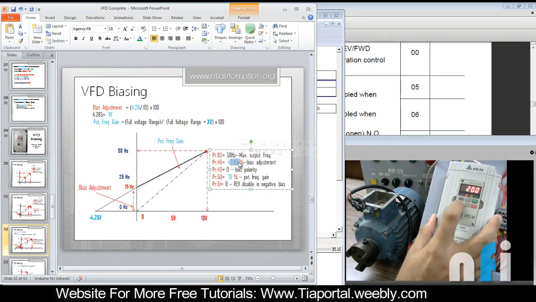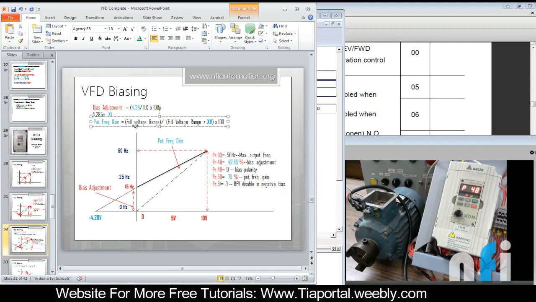This is parameter 48, which was earlier 20%. I'm increasing that to 42.8, that is fine. Alright, so this was just the bias adjustment.